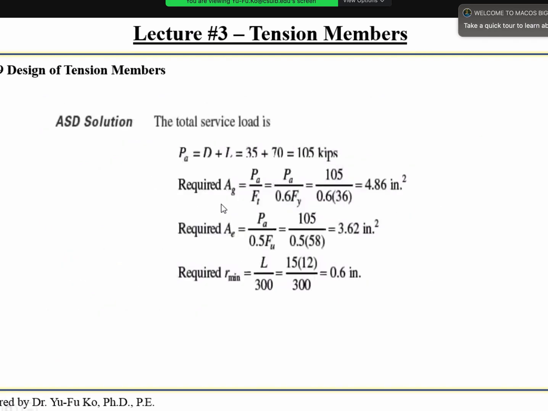So for ASD, we can follow the same procedure, but now your load combination is dead load and live load only, no factor. So it's 105. Following the same equation, your required gross area is 4.86. Required effective area is 3.62. Required minimum radius of gyration is 0.6.